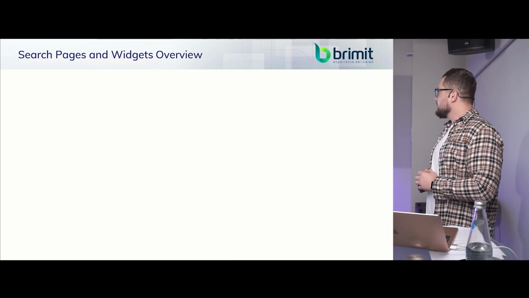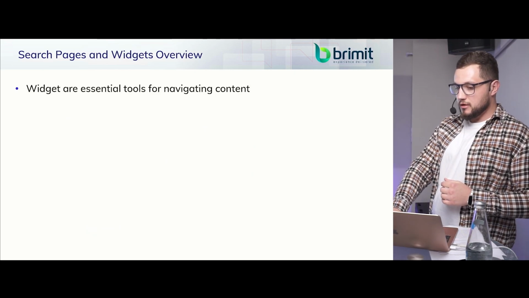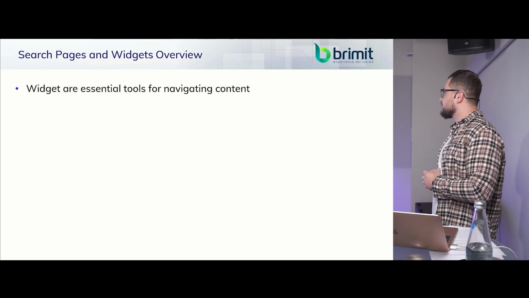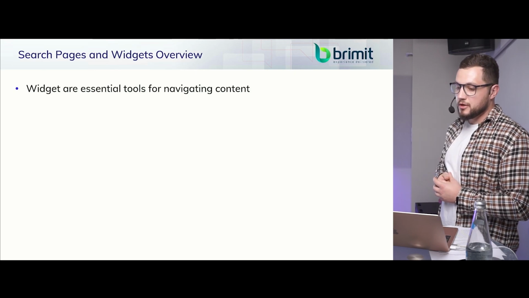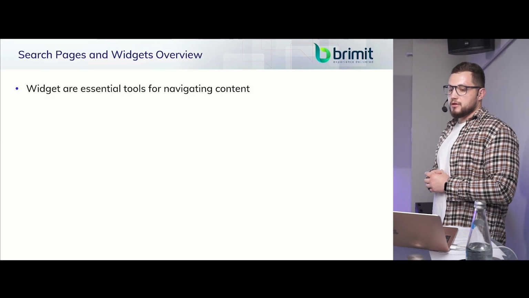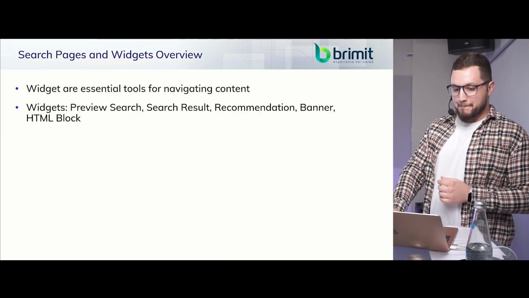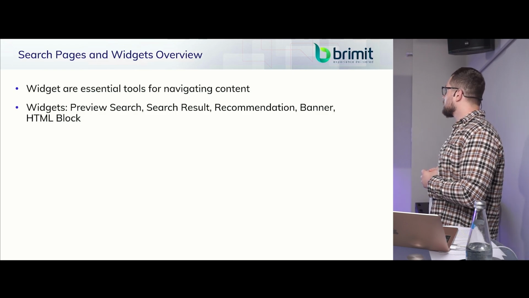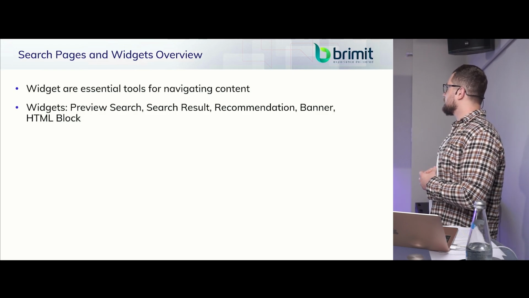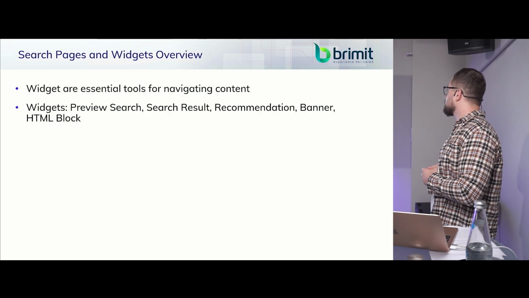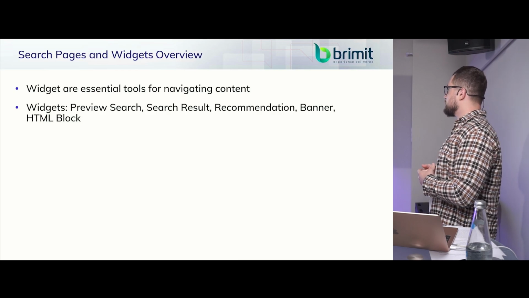The next point is the search widget. Widgets are essential tools for navigating content. Without widgets, the data in your source wouldn't be accessible for users. Sitecore Search has the following widgets: preview search, search result, recommendation, banner, and HTML block.